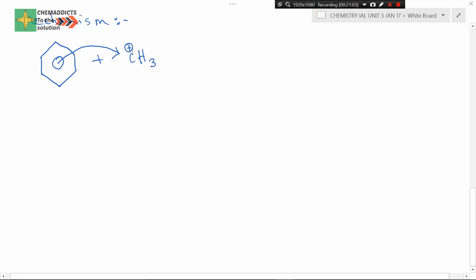Since pi bonds are weaker than sigma bonds, the electrophile will pull a pair of electrons from the delocalization, the continuous pi bond, you may say, forming an intermediate, just like the nitration of benzene. The mechanisms of benzene reactions are all similar. So this should be like this, plus, forming this intermediate.